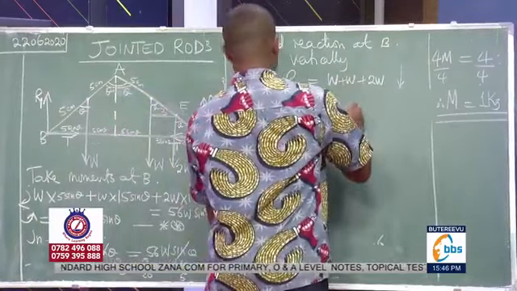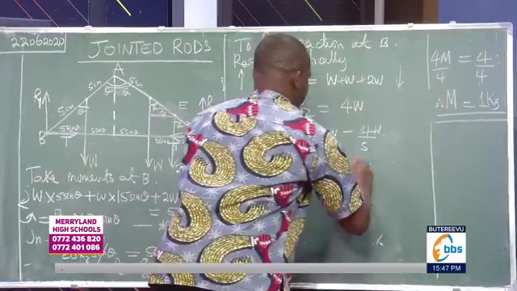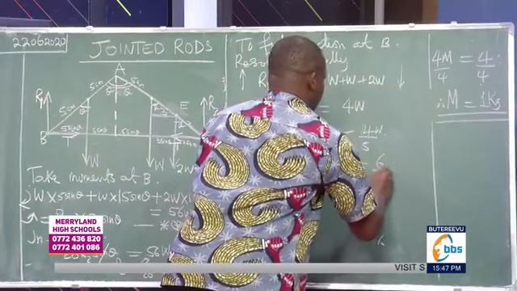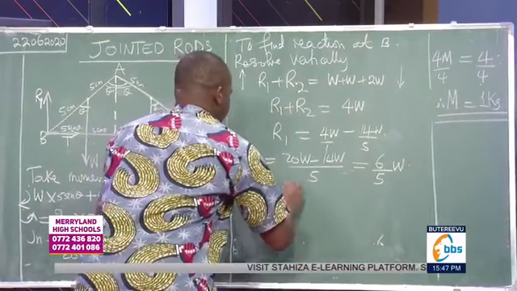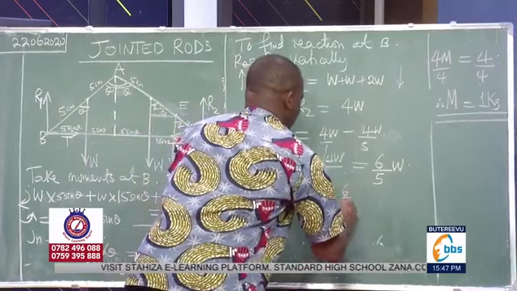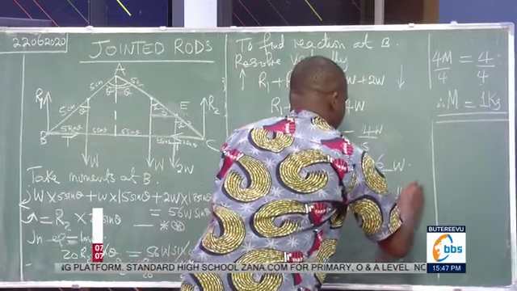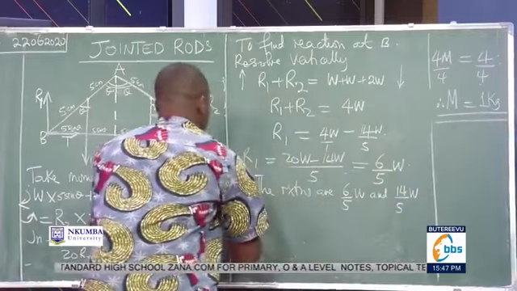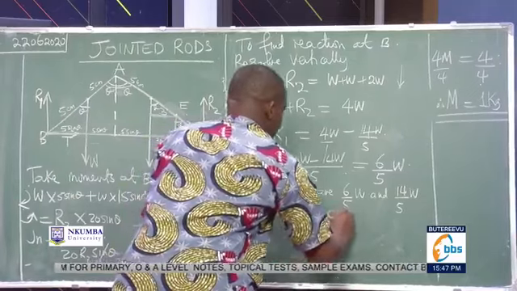If we compute by doing fractions, we shall get our R1 as 20W minus 14W, everything over 5. This will give us 6 out of 5W. And we can therefore say the reactions are 6 out of 5W and 14 out of 5W at B and C, respectively.